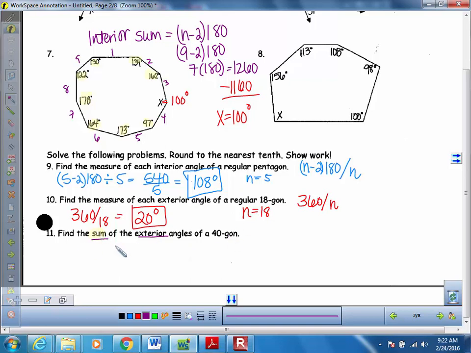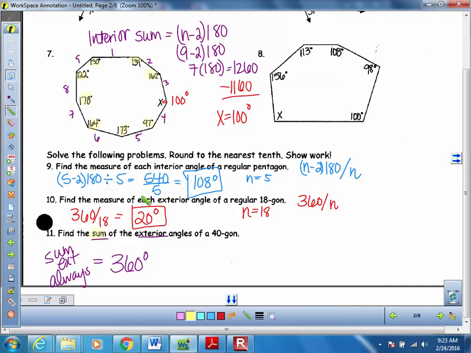The sum of the exterior is always going to equal 360. So make sure as you're doing these problems, you're really focusing on whether they're asking you the sum or each, and whether it's talking about exterior or interior.